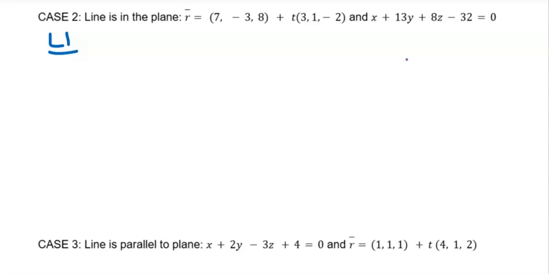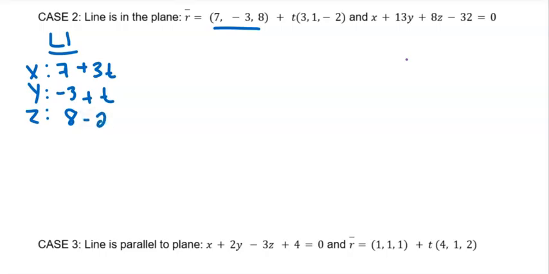So first, I'm going to write my parametric expression for my line. And this is my point, 7, -3, 8, going in the direction 3t, 1t, -2t.